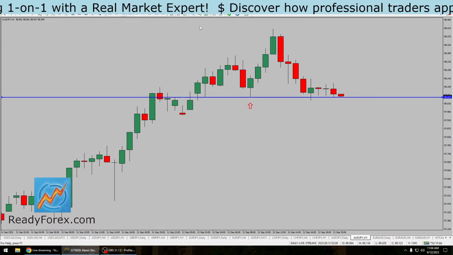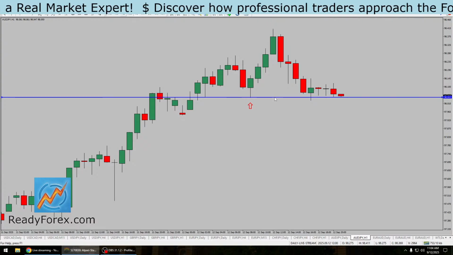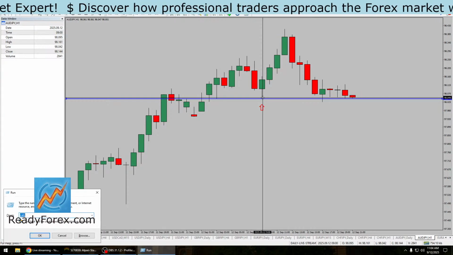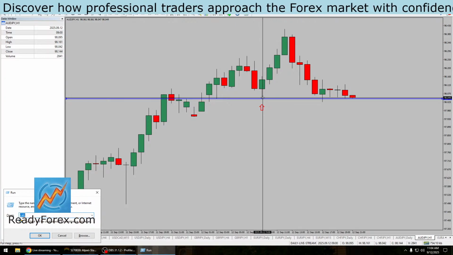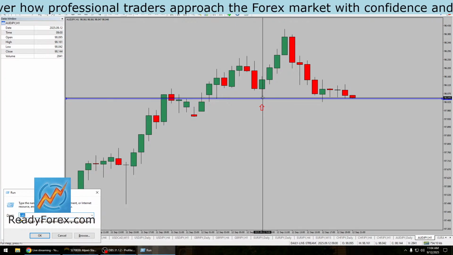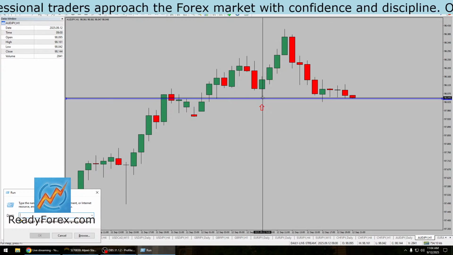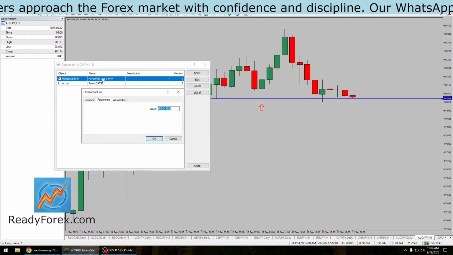Let me zoom in a little bit and check out the value. Okay, the swing low that we got in AUD versus Japanese yen currency pair is 98.042. So let's go over here.